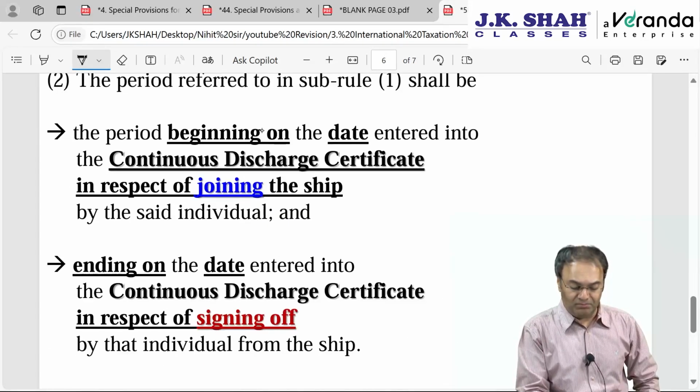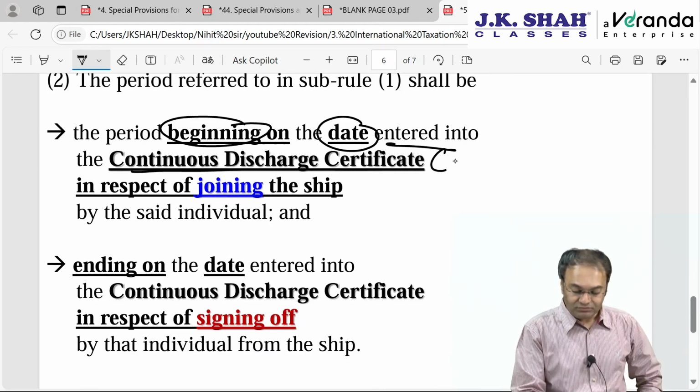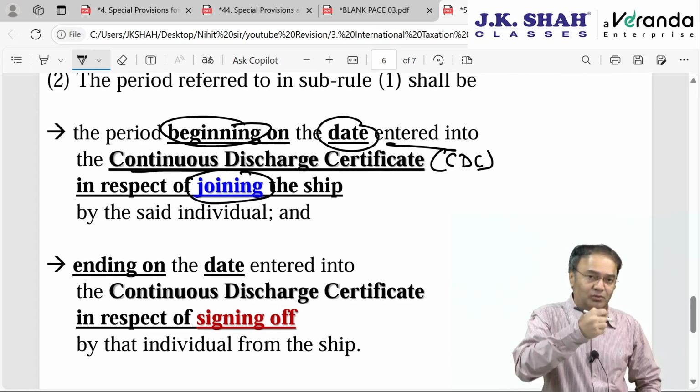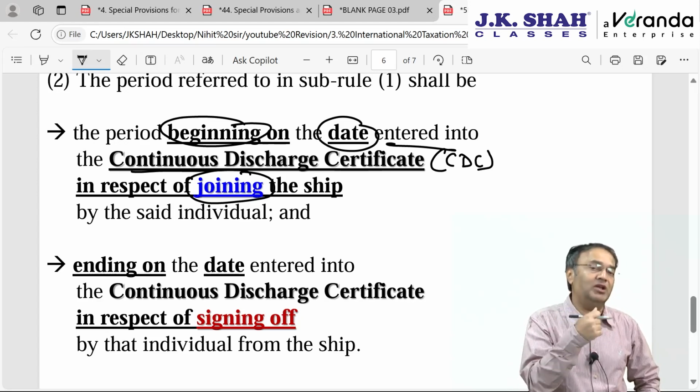So the period beginning on the date entered in the continuous discharge certificate, that is CDC, in respect of joining the ship. The moment they enter the ship and sign the CDC, they will be deemed to have left India.